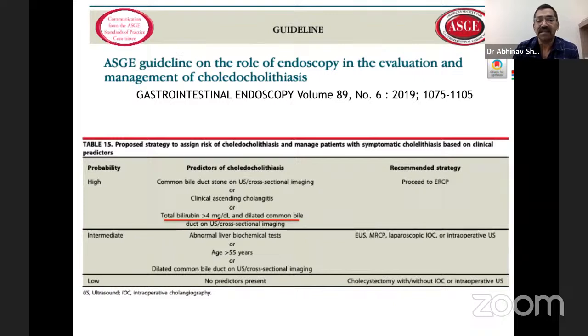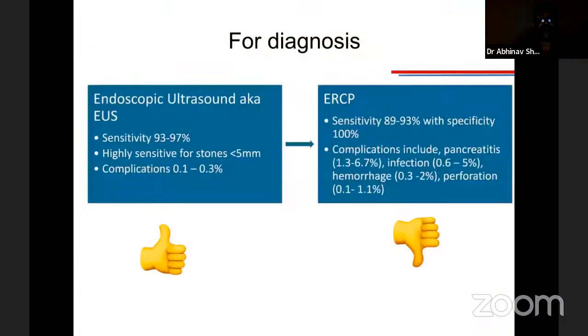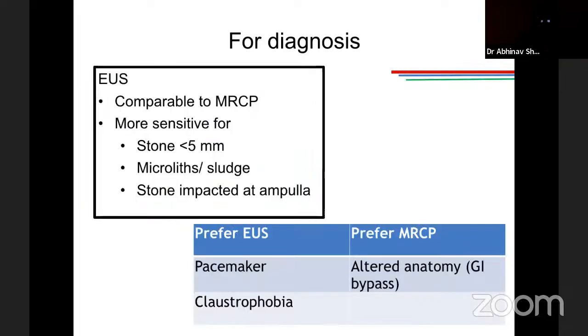If these are present, we can directly proceed to ERCP. In absence of these findings, we first confirm presence of CBD stone with cross-sectional imaging. So nowadays for diagnosis, ERCP, big no; we can go ahead with endoscopic ultrasound or MRCP.